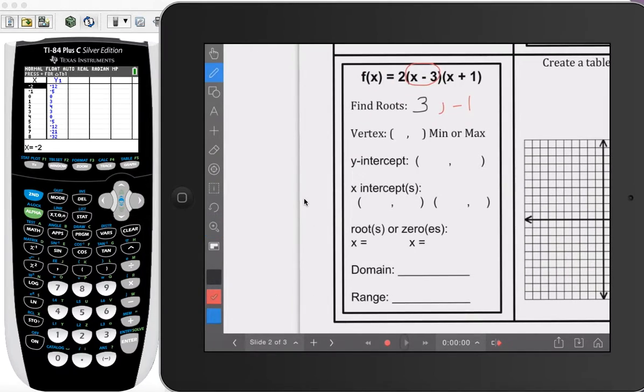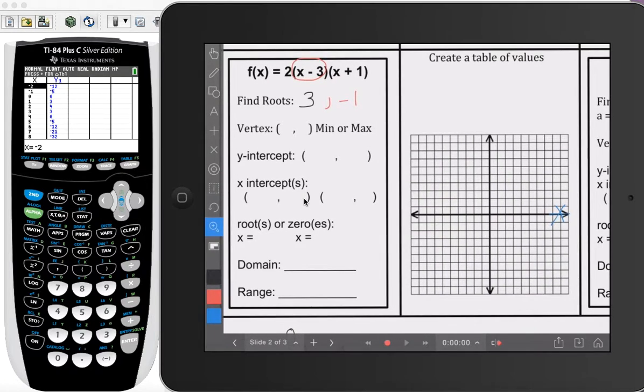So let's do the first example. If you said that the first factor, x minus 3 equal to 0, you can solve for x, and you get that x is equal to 3. Or you can simply take the opposite of the inside number. So then the roots are 3 and -1. This is one way for you to find the roots.